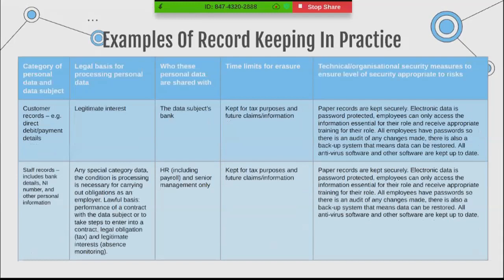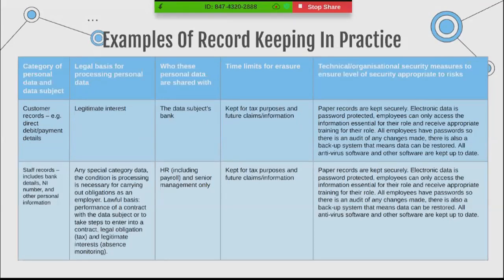So customer records, again, are different to healthcare records and different to patient records in the sense that they aren't generally relating to healthcare, but to transactions and anything that a customer would buy, essentially. So the legal basis we have for processing this data is a legitimate interest. We are providing a product or a service for remuneration.